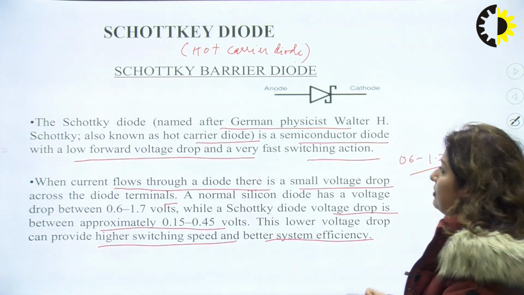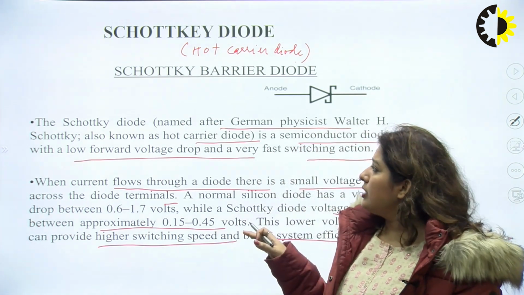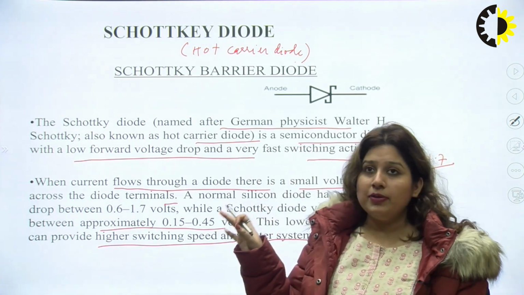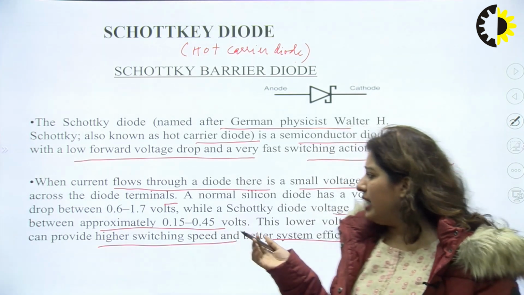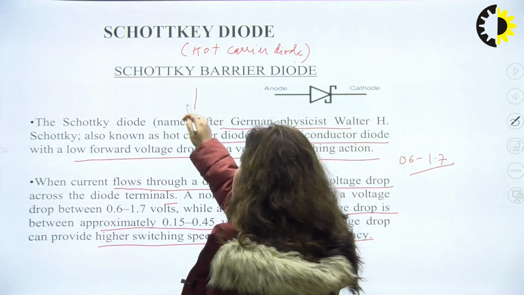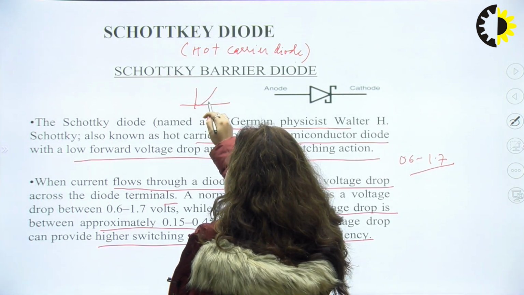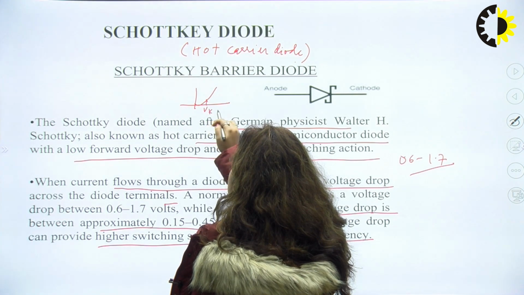So till now we have covered the PN junction, the Zener diodes and the Schottky diodes, which is also a popular diode in which we have only a low knee voltage. In forward bias, this is your VK.